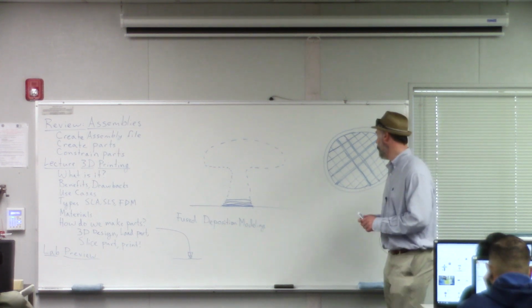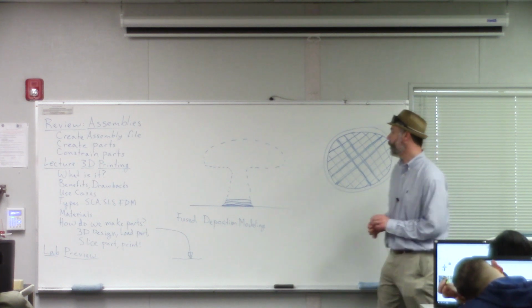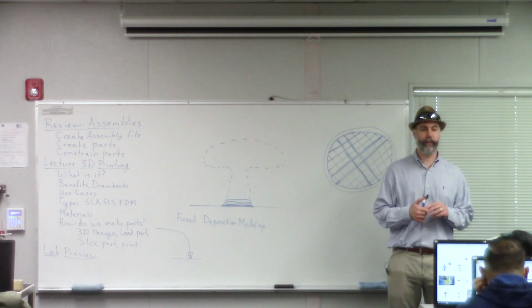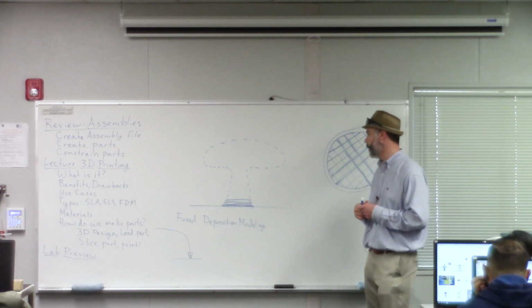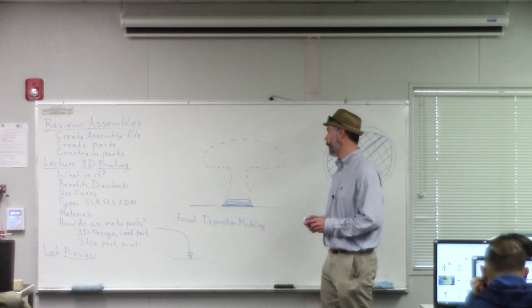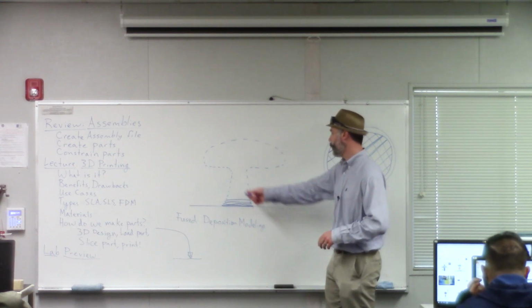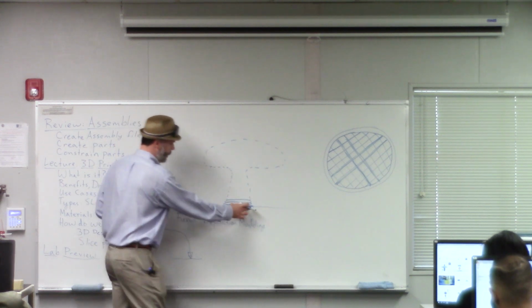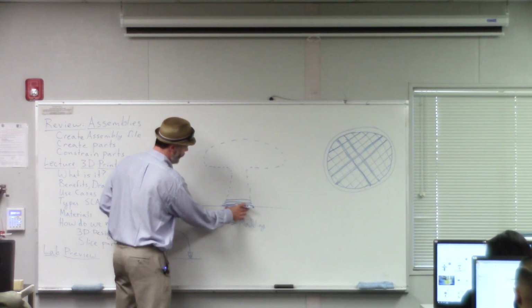The other thing is that you need to determine whether your part needs any supports. Okay? So if we're going back to this mushroom that I showed at the beginning of class, say we're trying to make this on a 3D printer. Well, we print the first layer on the bed, and that's fine.